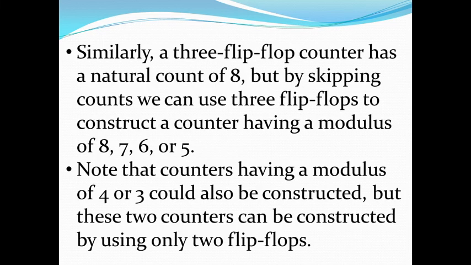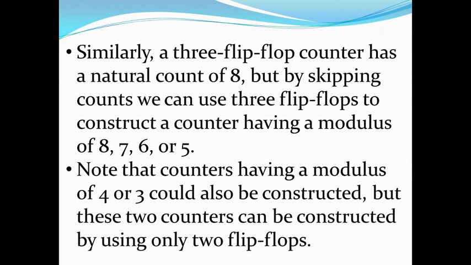Similarly, a 3 flip-flop counter has a natural count of 8, but by skipping counts, we can use 3 flip-flops to construct a counter having a modulus of 8, 7, 6 or 5. So, if we are using 3 flip-flops, the natural count is 2 raised to 3, which is 8.